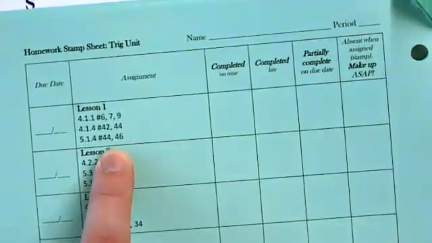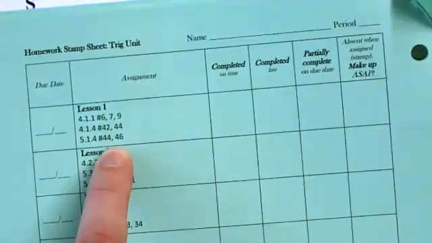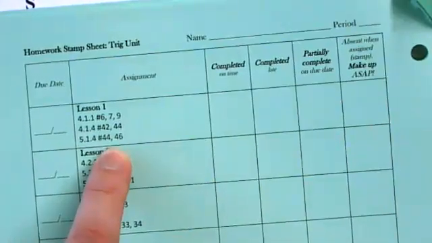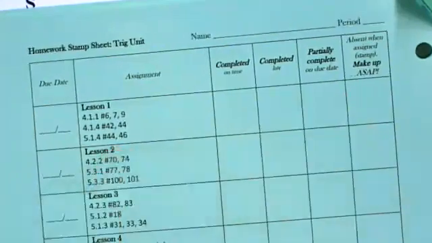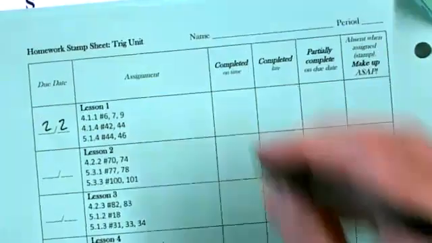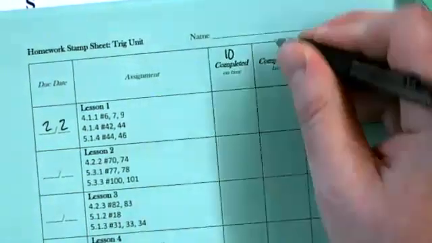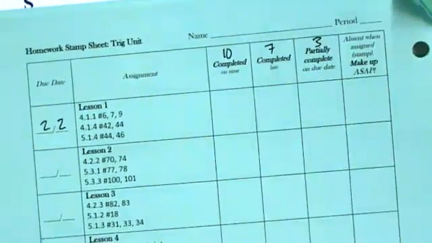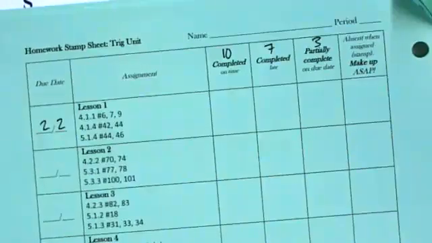Notice they're in 2 different chapters and 3 different sections. But you guys know how to find all that stuff by now, right? Today is the 31st, so this will be due on 2/2. Same as before, you'll get 10 points if it's complete on time, 7 points for completing it late. I'll give you 3 points if you got it on Thursday, and it's at least halfway done.